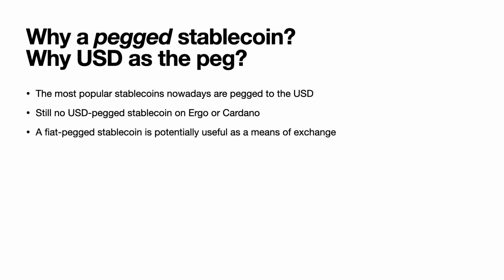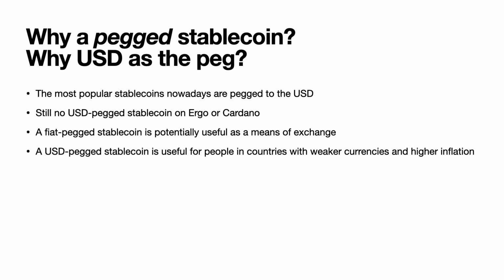We also wanted a stablecoin pegged to a fiat currency because it's potentially useful as a means of exchange, right? Nowadays, we still use fiat currencies as a means of exchange in our daily lives for goods and services, and a stablecoin that is pegged to a fiat currency could be useful for those activities.